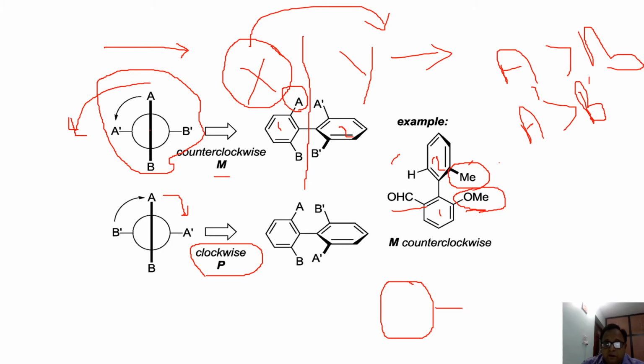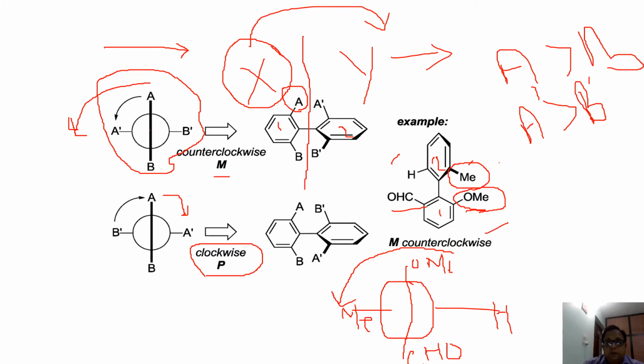So I am representing these structures, and this is the ring that is near to the viewer, with OMe and CHO, and here Me and H. Now see, the viewer is moving from OMe to Me in a counterclockwise direction, so that's why it has been assigned the M configuration.